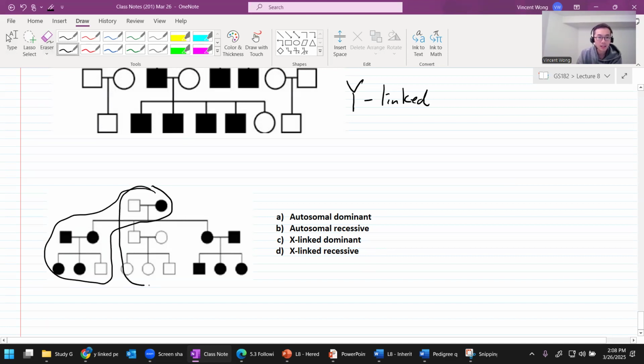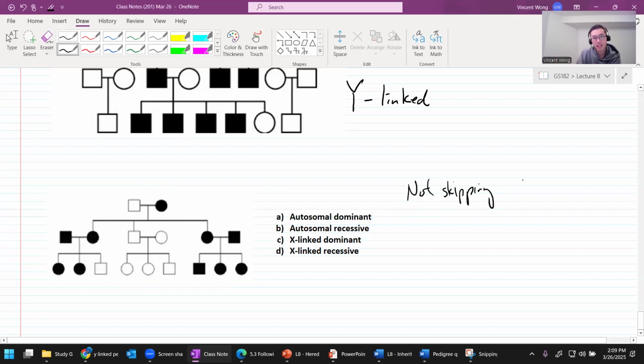In the middle, it looks like it skips, but if you look at the right side, no skips. So in general, it looks like it's not skipping more than skipping. So I'm going to say not skipping. If it's not skipping, then it's dominant.